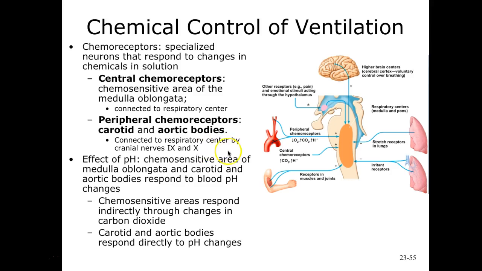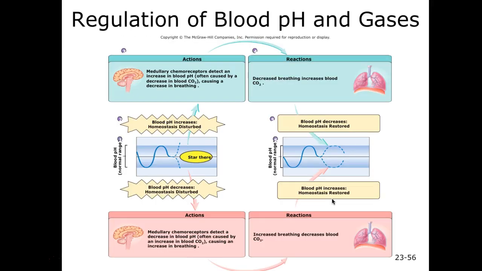So when we get an effect of pH, our chemosensitive area of our medulla oblongata, the carotid and aortic bodies are going to be the ones to sense that change. So we will make changes indirectly through carbon dioxide, or we can respond directly to those pH changes.